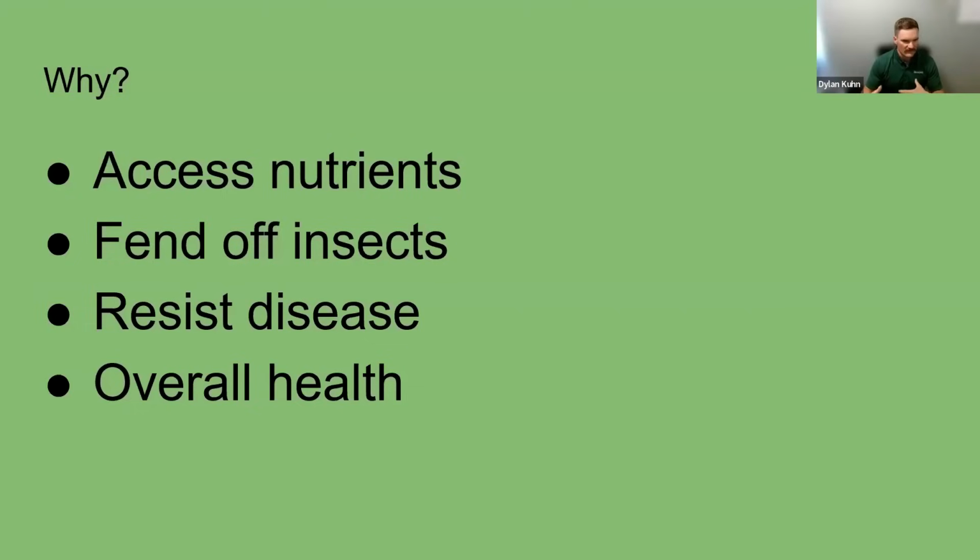We're not necessarily fending off insects, but think of your plants that are growing as your body and how you fend off disease and insects and just really overall health. And there's certain different biological properties that can really help access things that are just not otherwise available to that plant.